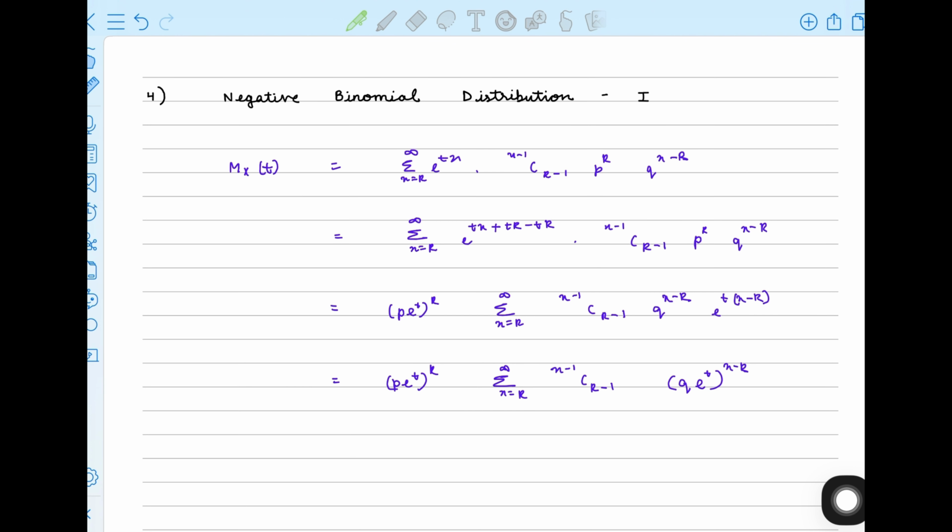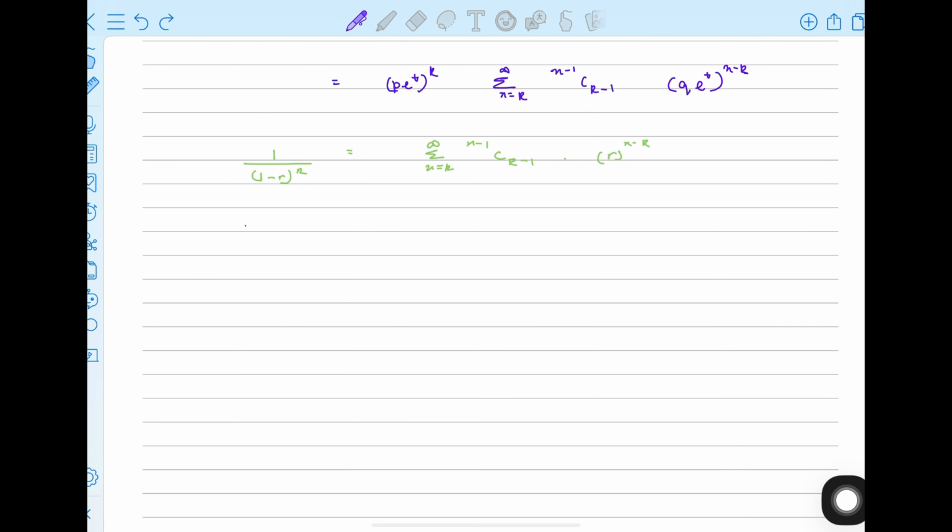After this, we use the negative binomial theorem for type 1 distribution. This theorem states that 1 upon (1 minus r) to the power k is equal to the summation of (x minus 1) combination (k minus 1) into r to the power x minus k, from x is equal to k to infinity.